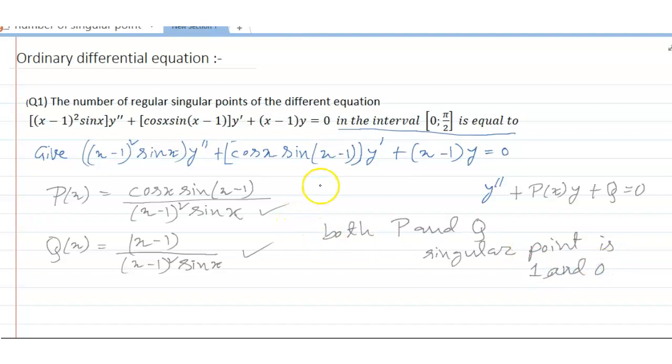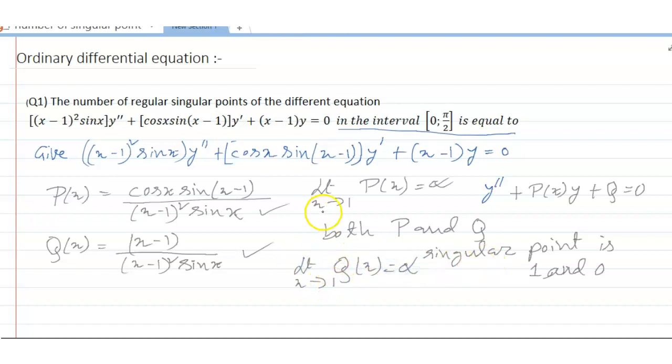You will see that limit x tends to 1 p(x) equals to infinity, and limit x tends to 1 q(x) equals to infinity.